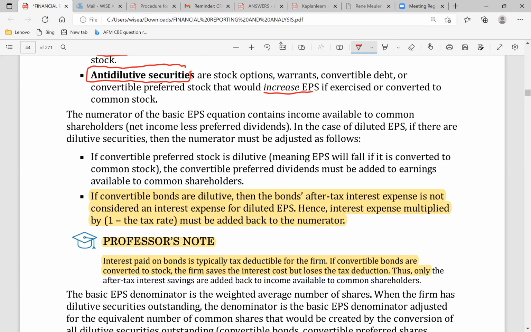Now, if you are calculating the earnings per share, the numerator and the denominator will both be affected by the conversion.